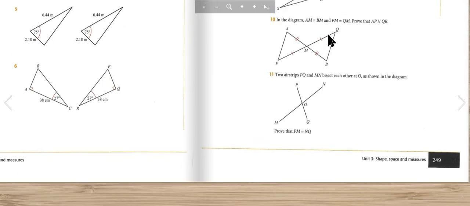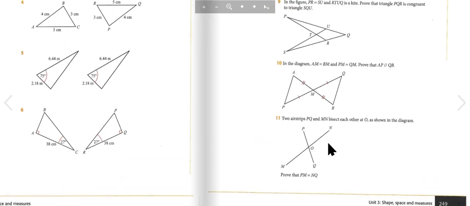Two airstrips, PQ and MN, bisect each other at O, as shown in the diagram. So here, just draw a line between PN and MQ, and PM and NQ.